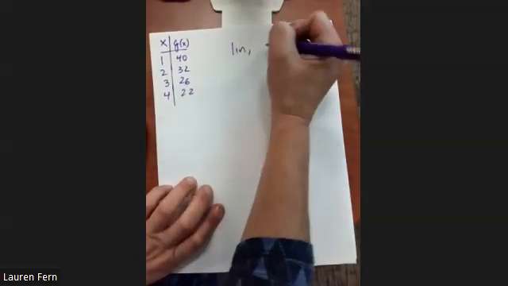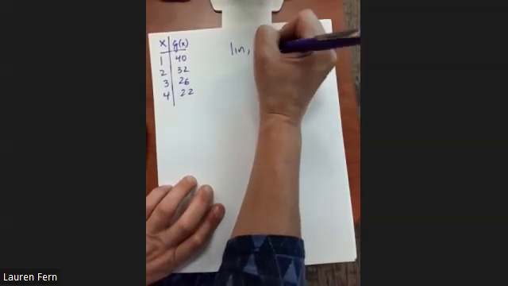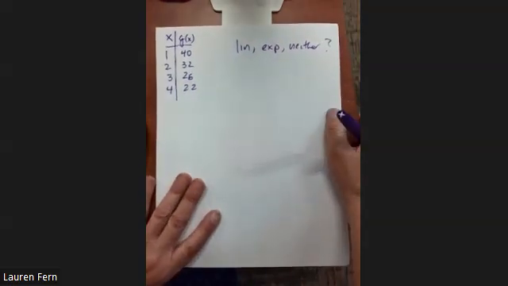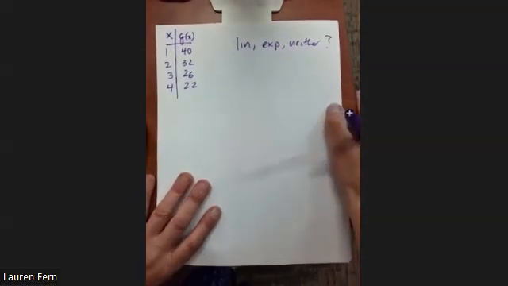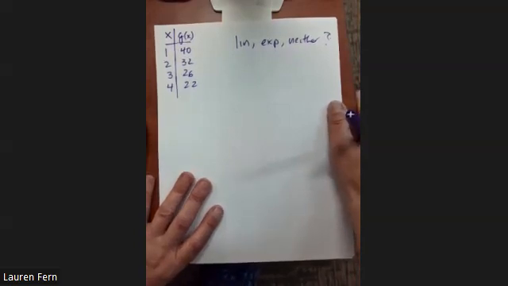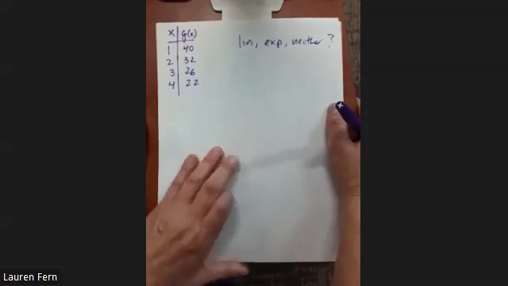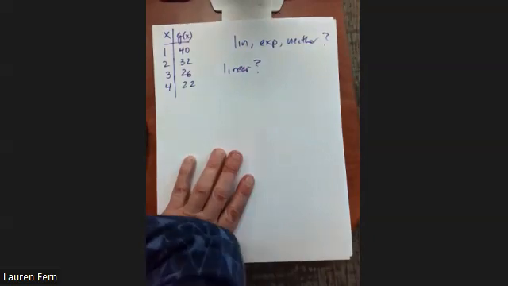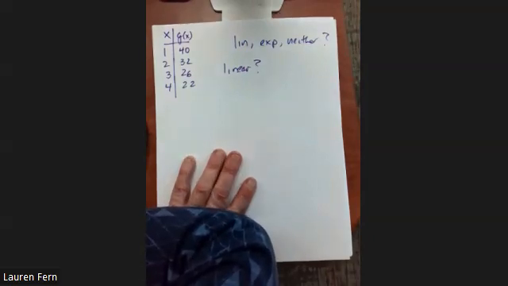So all I'm asking is, is g of x linear, exponential, or neither? I always check linear first. Okay, so my first question I'm going to ask myself is, Lauren, is this linear?